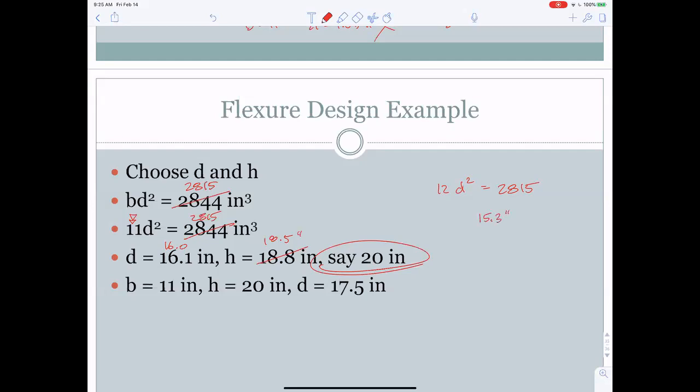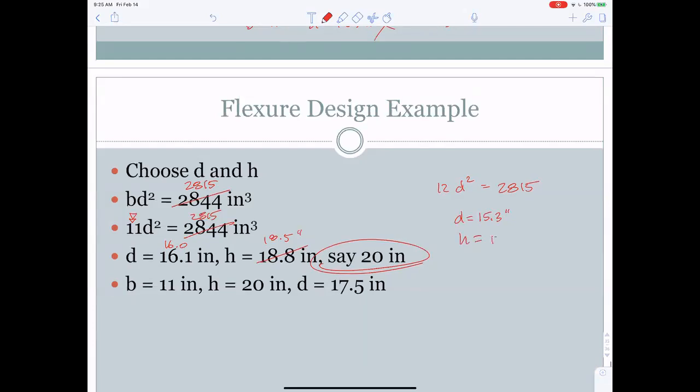I'm going to add 2.5 to that. H is 17.8 inches. So 12 by 18 inches would probably be a better beam. We'll see. But anyway, we're going to do 11 by 20 inches.